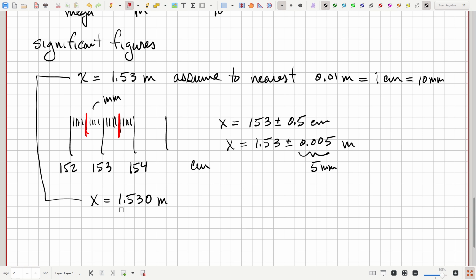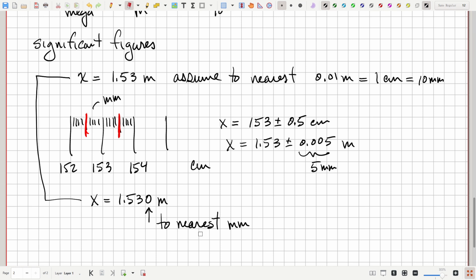But when I use that to report a measurement, the implication is I measured to the nearest last digit, which in this case would be 1/10, 100th, 1,000th of a meter, so to the nearest millimeter. Where up here, 1.53, you would assume I measured to the nearest centimeter.